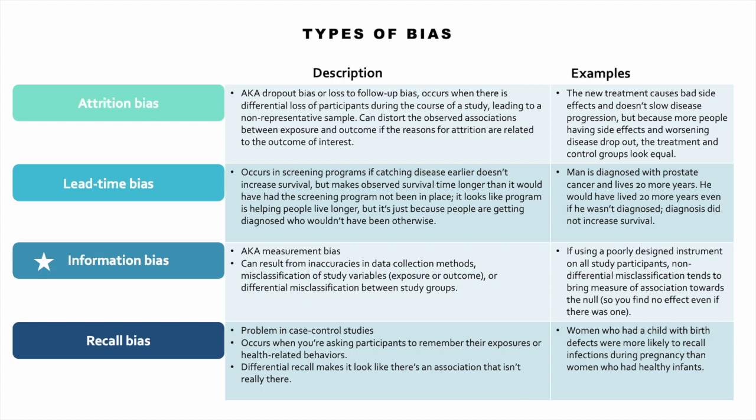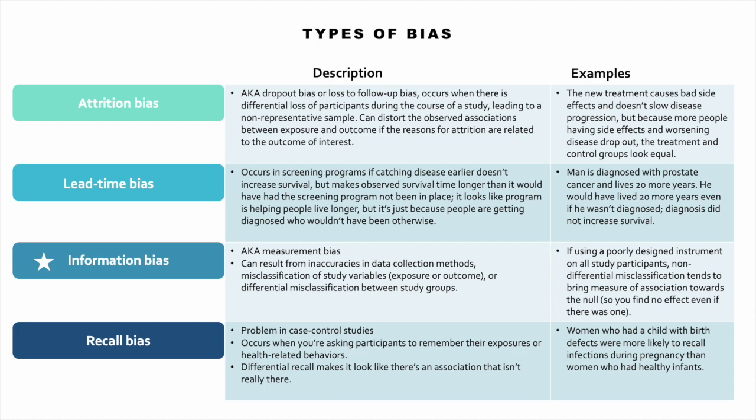Information bias, the other main category of bias, is also known as measurement bias. It's caused by errors in the measurement or classification of an exposure, outcome, or confounding variables. It can result from inaccuracies in data collection methods, misclassification of study variables, or differential misclassification between study groups.